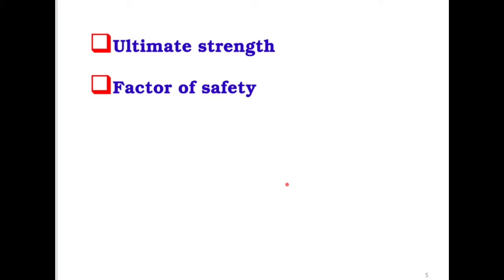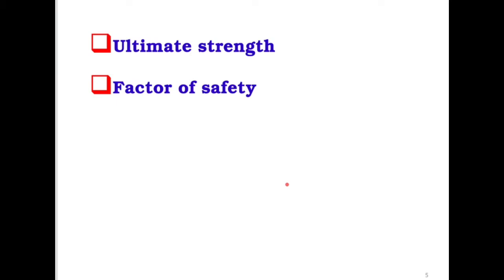That ultimate strength is related to what we learned in applied mechanics or other modules. So ultimate strength is important here, and from ultimate strength, what is related is the factor of safety. We don't want the conductor to reach its ultimate strength when we string it between two adjacent supports.